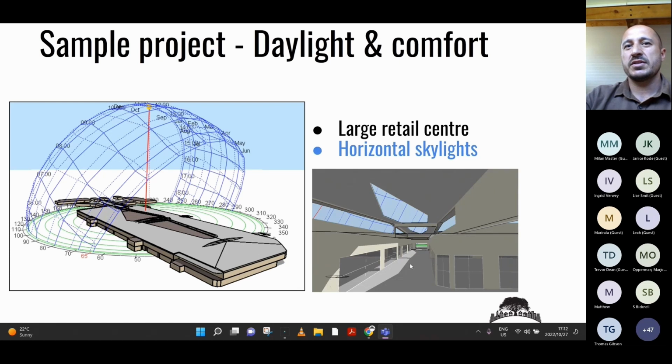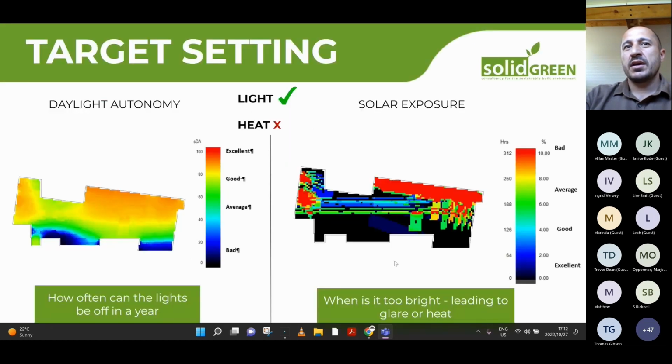So it's pretty typical of what you'd see in large retail centers, and we were trying to understand how we optimize this. Chilu had this slide earlier of how it's really important to get lots of daylight, but also you don't want too much because of glare and heat gain.